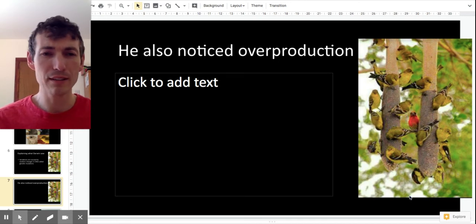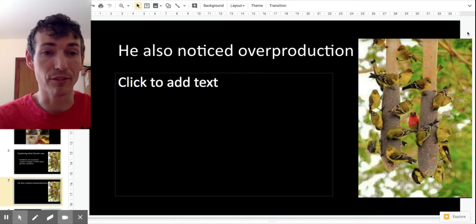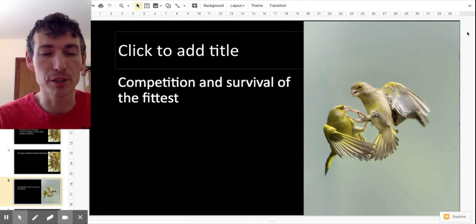So this is called overproduction. There are too many birds available, or too many of a species available for the amount of food that is also around. So if there's too many birds available for the amount of food that's around, what is this going to lead to? This is going to lead to competition.